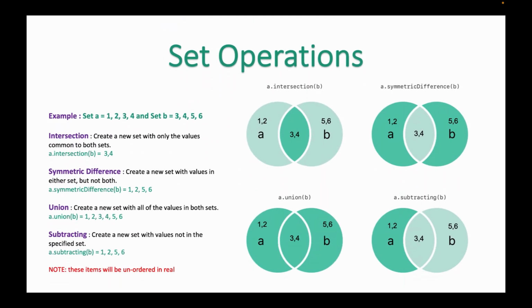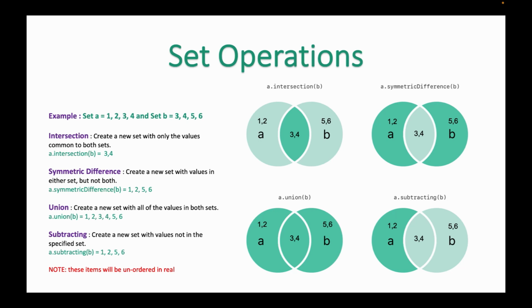Also, we have a couple of functions, or you can say operations, that we can perform on a set. One is intersection of sets, we can find the symmetric difference, we can create a union of sets, and we can subtract also. When I say intersection, we create another set with only the values common in both set A and B. For finding the symmetric difference, we create a new set with the values in either set but not in the common part.